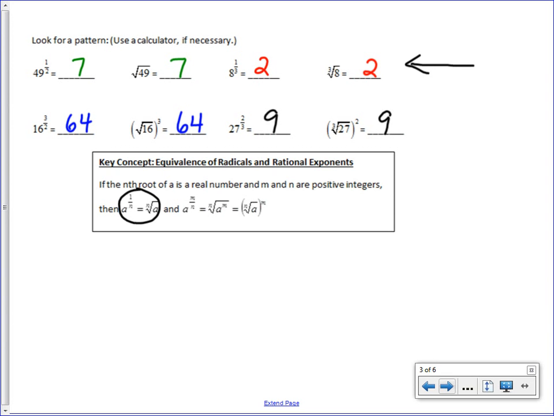And a to the power of m/n is equal to the nth root of a to the mth power, or the nth root of a, quantity to the mth power. Examples of this can be seen in these two examples.